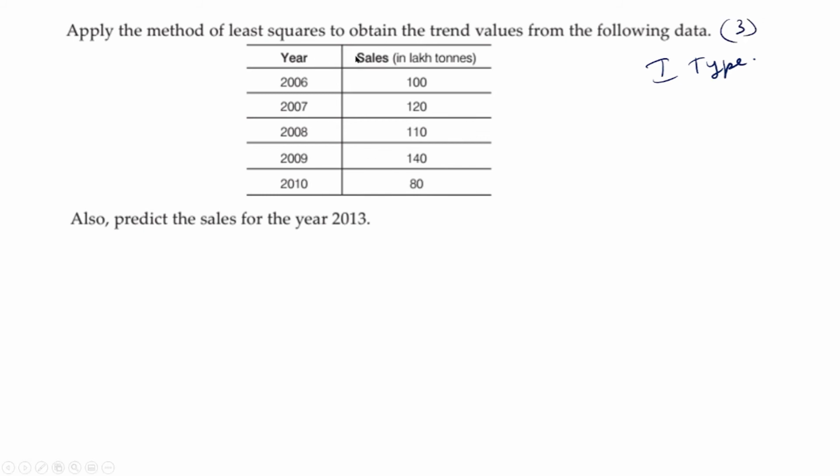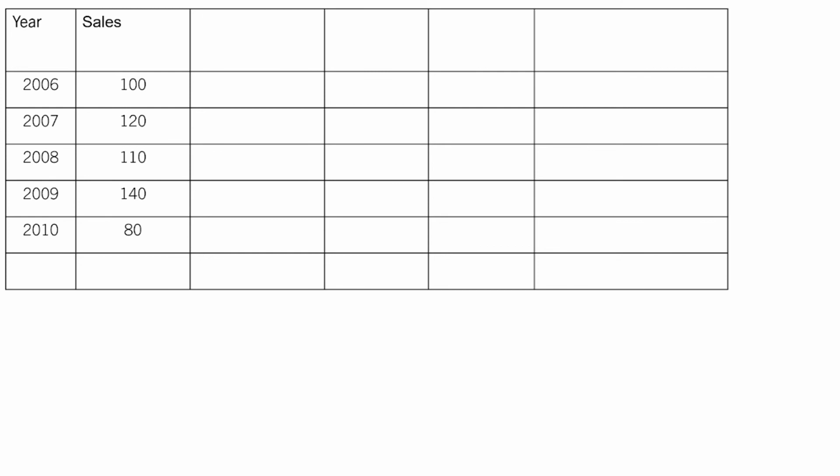Apply the method of least squares to obtain the trend values from the following data. So here we have year and the sales in lakh tons. The values are given. We should also predict the sales for the year 2013. Now let us draw a table like this. So here we have year, first column, then sales.